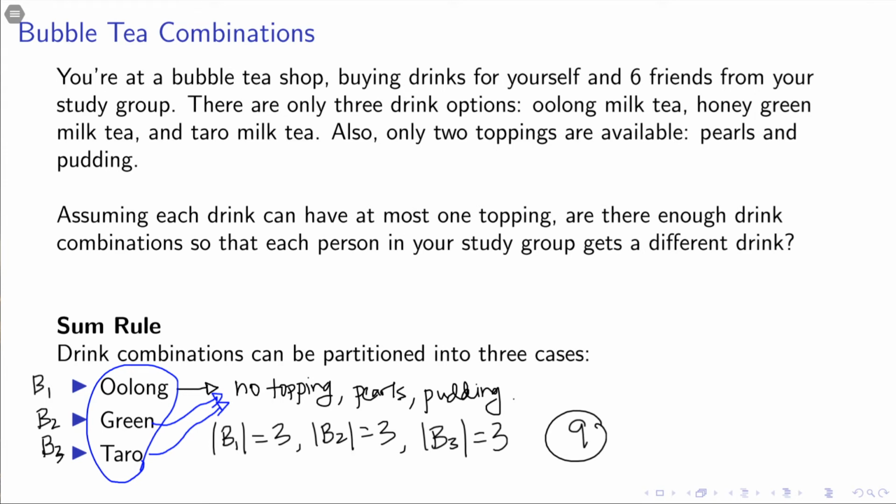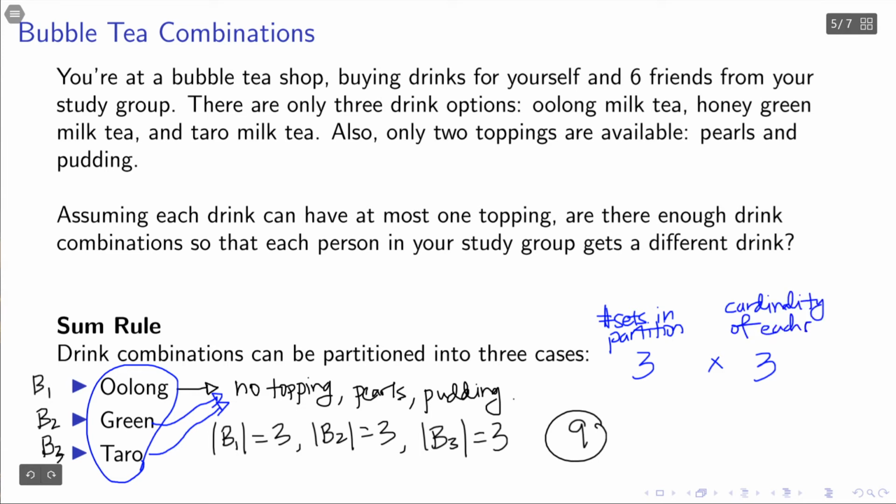Which means, really, you could have just multiplied 3, which is the number of sets in the partition, by 3, which is the cardinality of each set, to get the total.